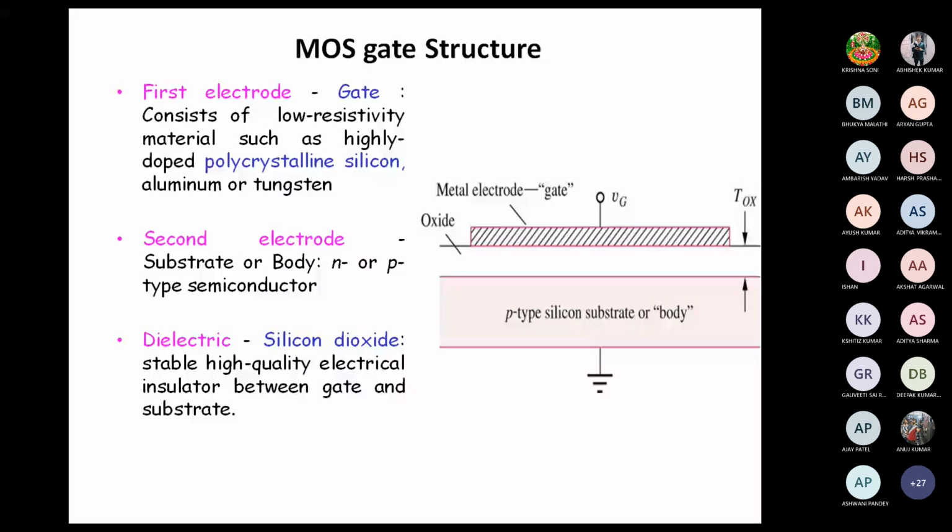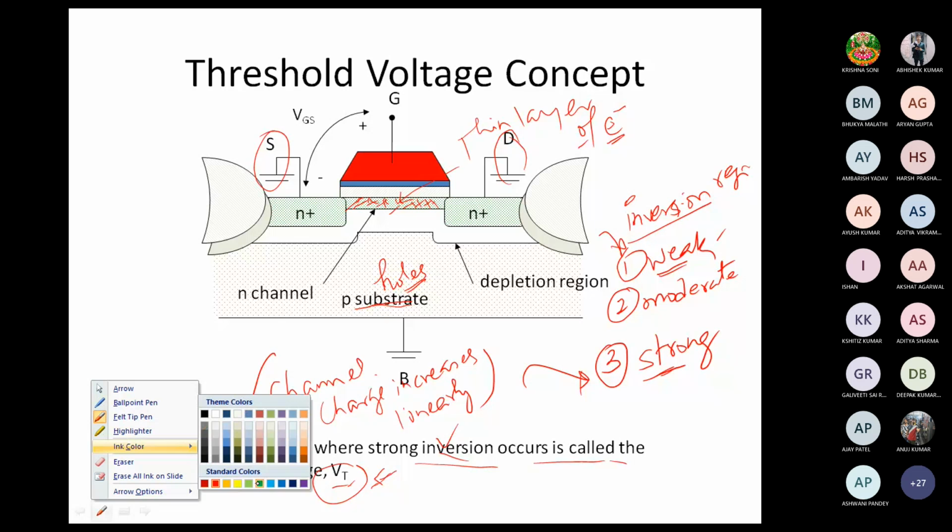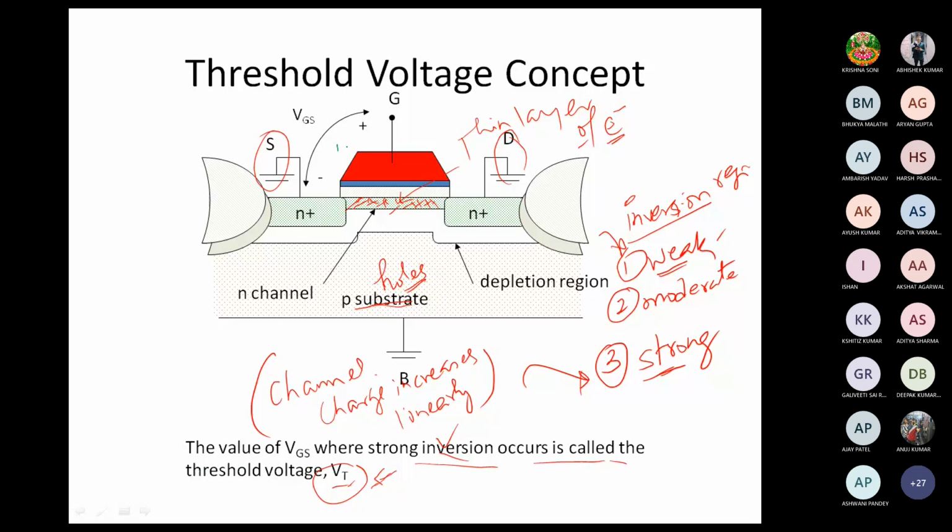The main part of a MOS transistor, as we can see, has the source and drain, of course a substrate, the channel part, and then the gate part here. The main part seems to be this one, where most of the action happens. This region is called the metal oxide semiconductor stack.